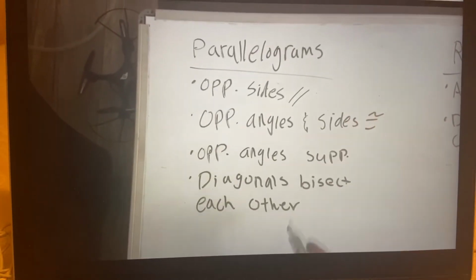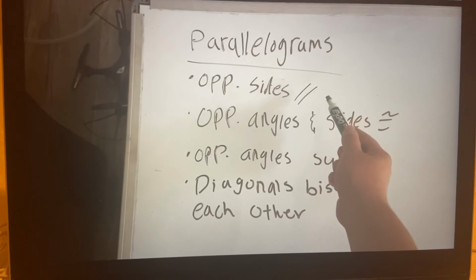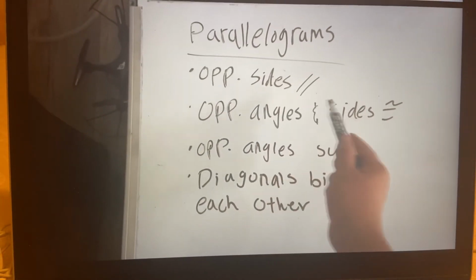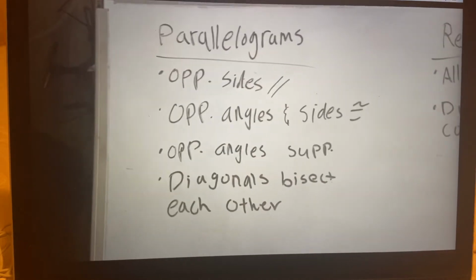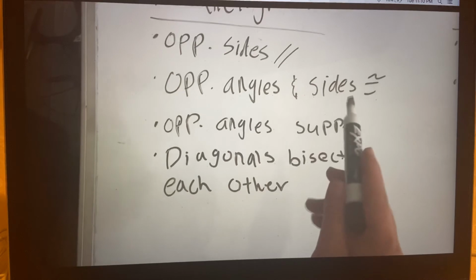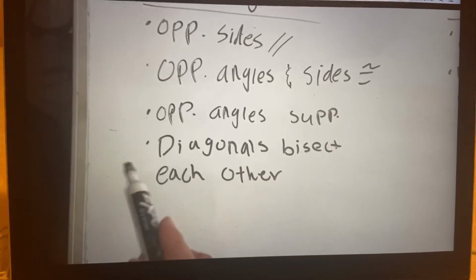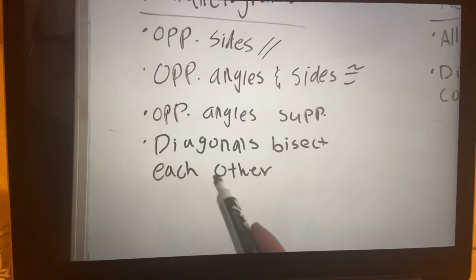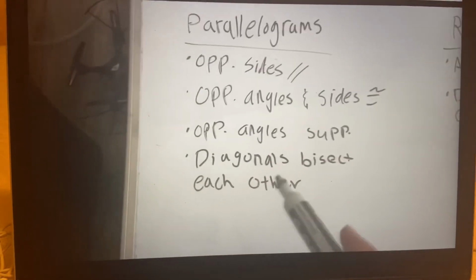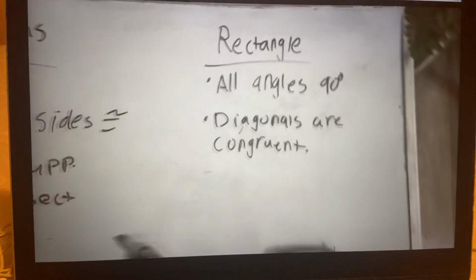As you may recall, parallelograms have these characteristics right here. Opposite sides are parallel. Remember, that's the symbol we use for parallel. Opposite angles and sides are congruent. That's the symbol we use for congruency. Opposite angles are supplementary. That means they add up to 90 degrees. And the diagonals bisect each other, which means the diagonals cut each other in half.